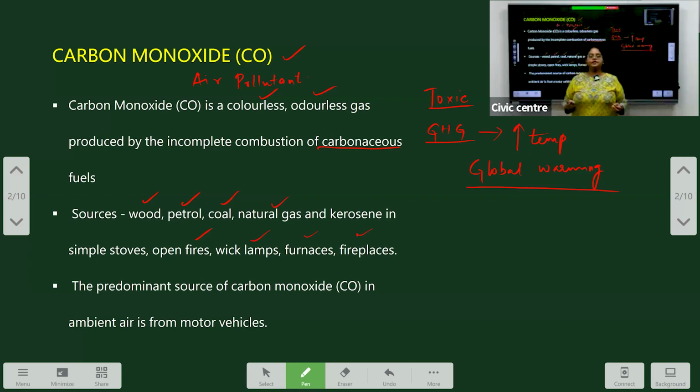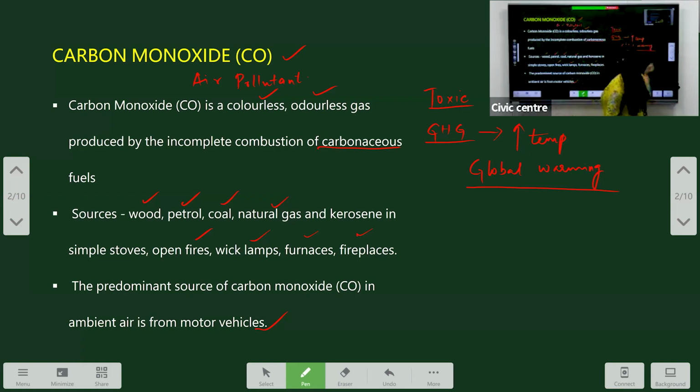So it is to be understood that it is not only released from industrial sources but also domestic sources. Now, the predominant source of the carbon monoxide is the exhaust of the motor vehicles.